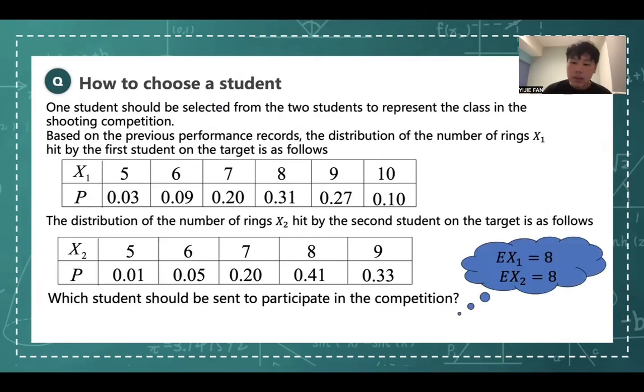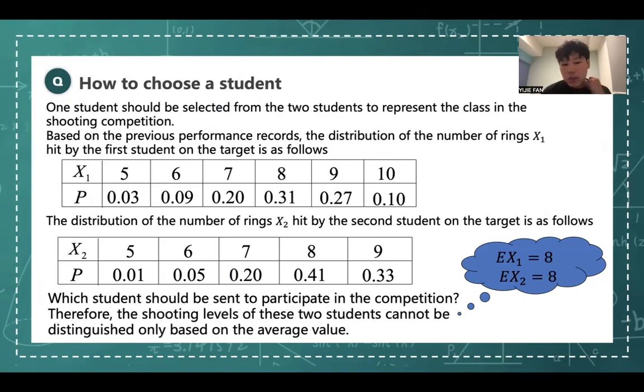We found EX1 and EX2 are both 8, so we meet a difficulty. The shooting levels of these two students cannot be distinguished only based on the average value. So now how to choose a student to represent our class?